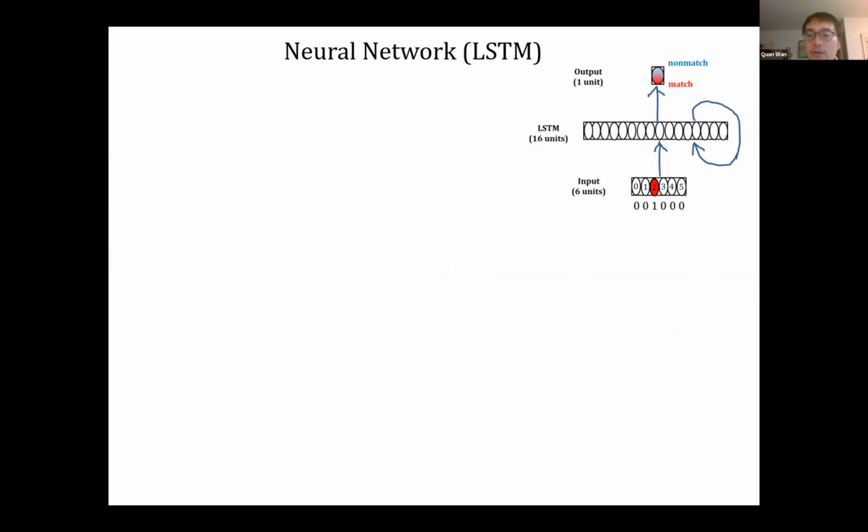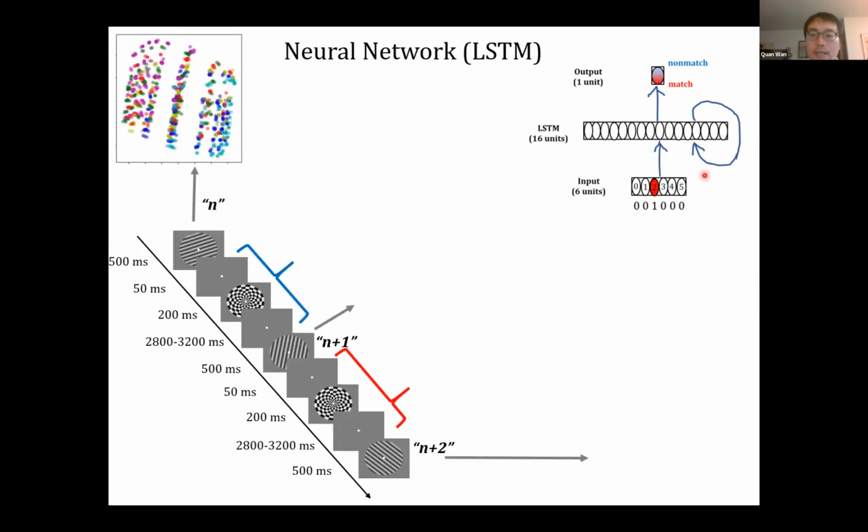To look at the internal representation of the network, we did a PCA on the activity patterns in the LSTM layer and projected them onto the first 2 PC dimensions and mapped them back onto this 2-back time course, which we call a trial. The network is run on many trials. Here, each dot is a stimulus representation within a single trial at this time point, and the color always indicates N, or Jim's, identity.